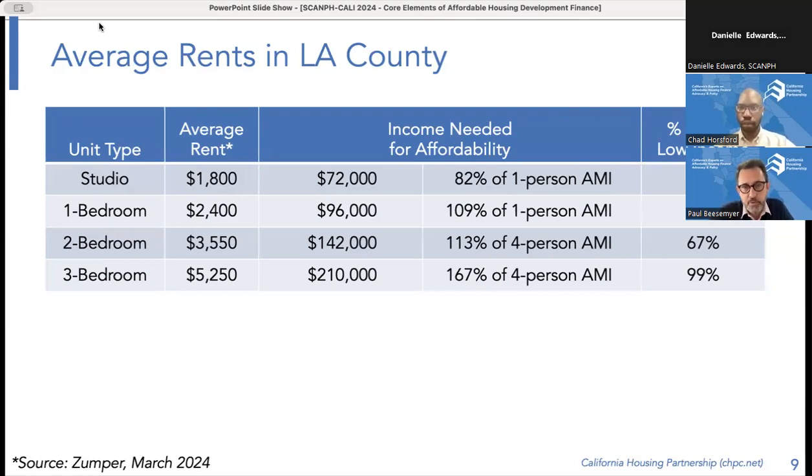So a couple things are true. There is a huge shortage of probably 500,000 units in Los Angeles County alone to meet the affordability needs. So by definition, that means that there are many low-income people out there in Southern California, in SCAMP's service area, who are paying more than their rent should be.